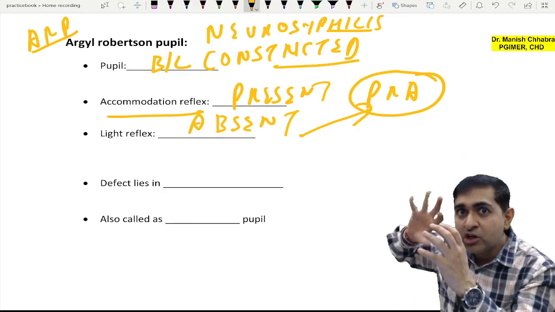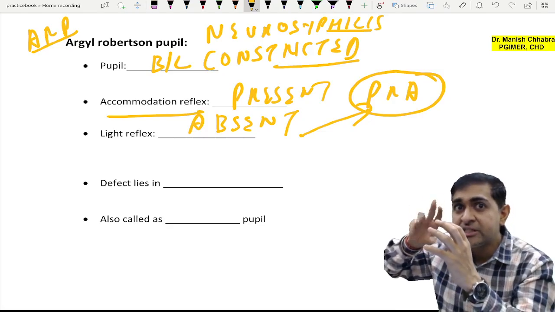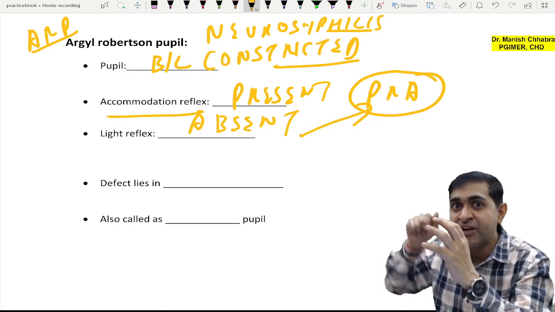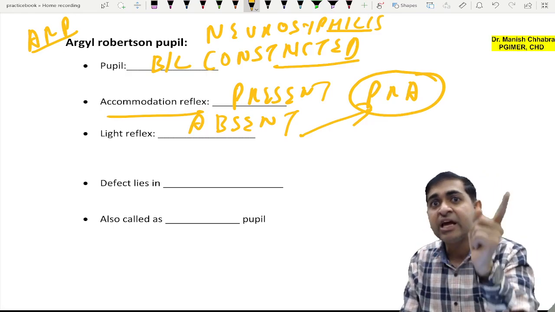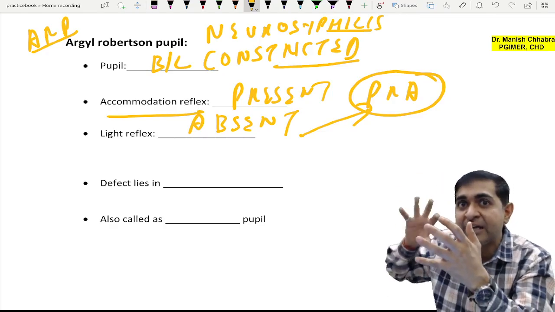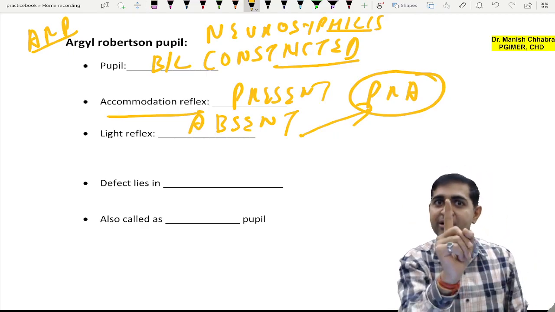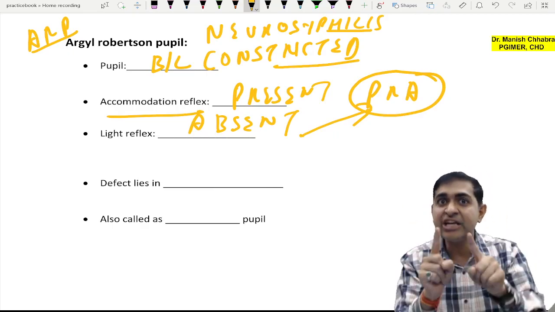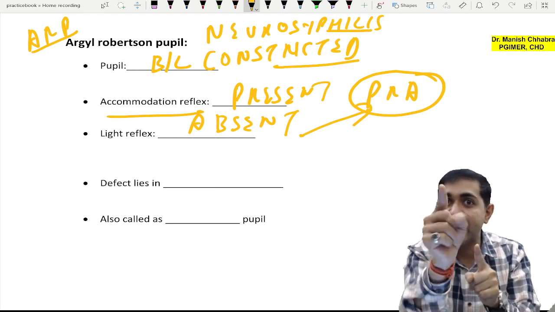The dorsal part of the Edinger-Westphal nucleus is helpful in the pupillary light reflex. The ventral part is for the accommodation reflex. So in this condition, the dorsal part of the Edinger-Westphal nucleus is involved. Got the answer to your one doubt? That is why accommodation reflex is present, light reflex is absent.